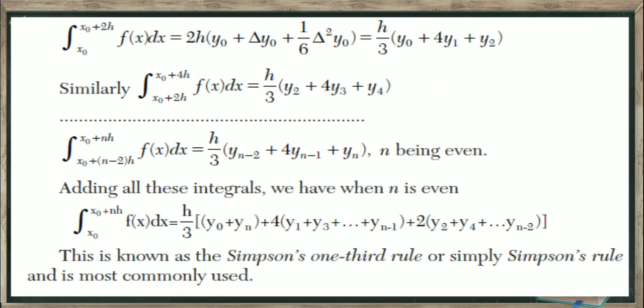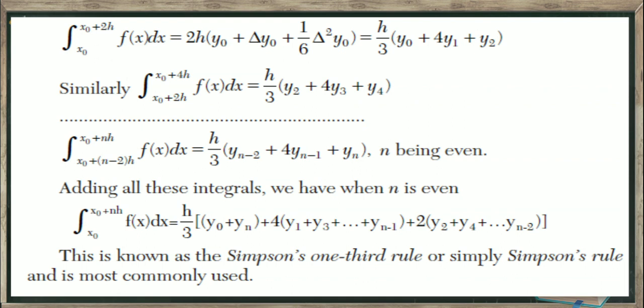Similarly, integration from x0 plus 2h to x0 plus 4h of f of x dx is equal to h by 3 times [y2 plus 4y3 plus y4]. Similarly, integration from x0 plus n minus 2h to x0 plus nh of f of x dx is equal to h by 3 times [yn minus 2 plus 4 times yn minus 1 plus yn], n being even.